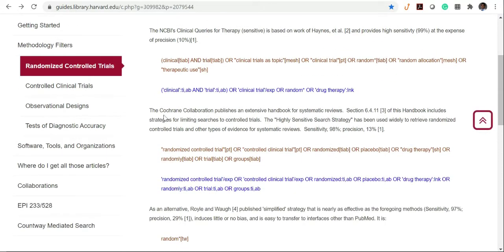And then even the Cochrane Collaboration published a search that could be done with a sensitivity of 98% with a precision of 13%. So not too different from the previous one. So they also have all these search terms that could be used.